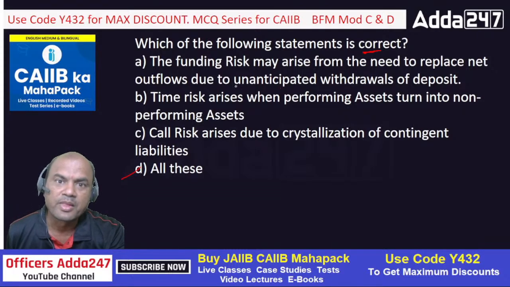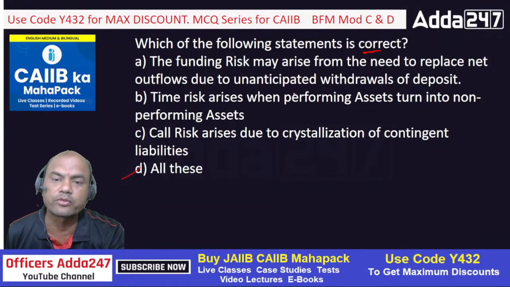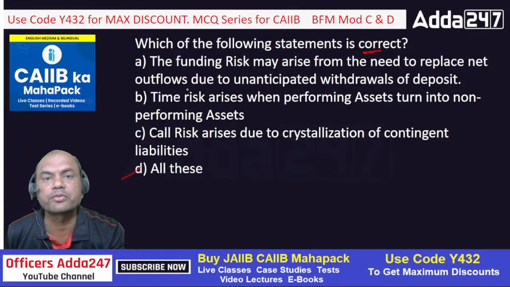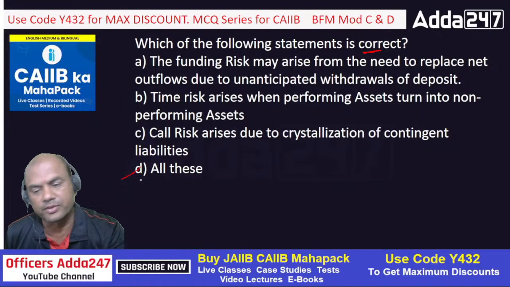That's obvious. The calculations on the ALM, asset liability part, will always be based on the axiom that all my assets will be standard assets. If something turns into an NPA, I am not getting the funds back from my loans. So that will definitely create problems for giving the funds to the depositors, right? So all of these, got it?